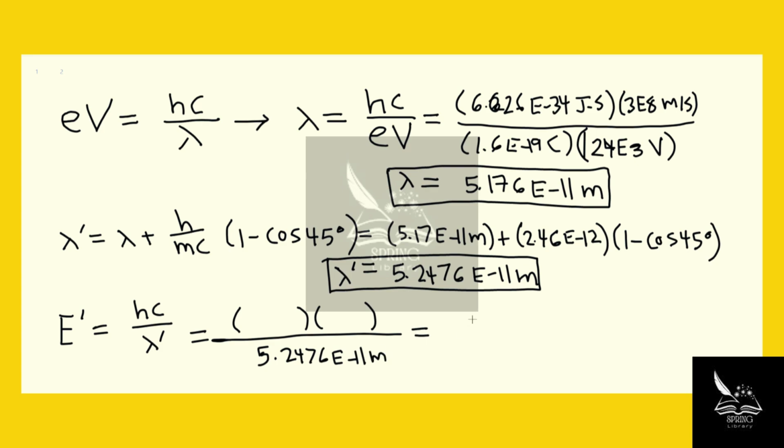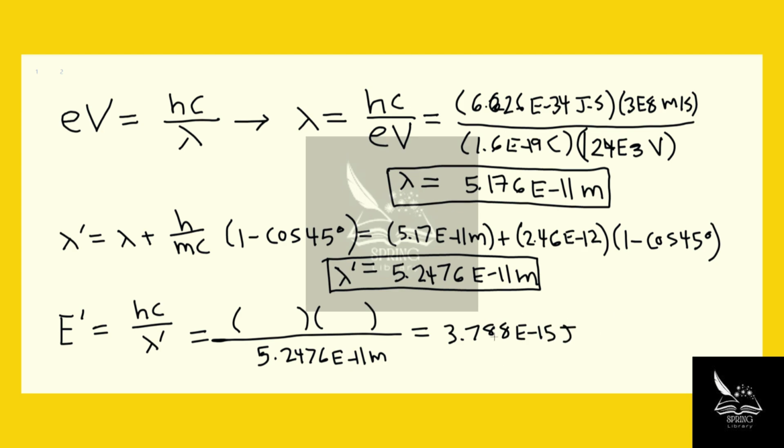And after crunching those numbers, we will end up with a result of 23675 electron volts. Or I should put it in joules first. I didn't actually do the conversion here. So in joules, it's 3.788 e to the negative 15.